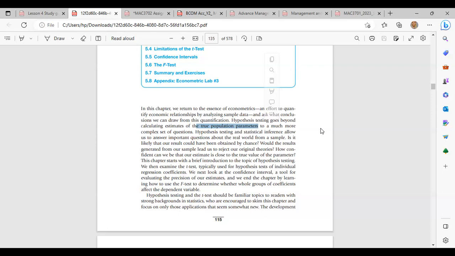You can't measure the whole population, right? You can't really measure the whole population because you don't have all that data. So you are going to take a sample, let's say from the year 1990 up to the year 2020. That represents a sample, right? So you can estimate the relationship between those two economic variables based on that time frame.